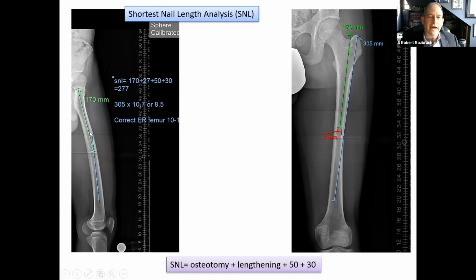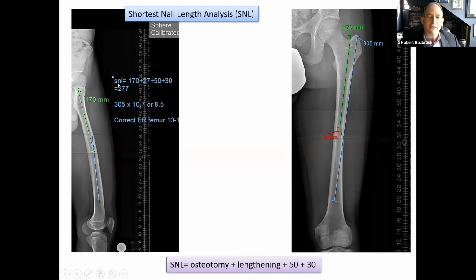Now, when you look at the lateral x-ray of the femur, you can see that there is a natural bow in most femurs, and there are different locations in different people. So in this particular patient, you can see it's at 170 millimeters from the tip of the trochanter. So that's going to be my osteotomy location.